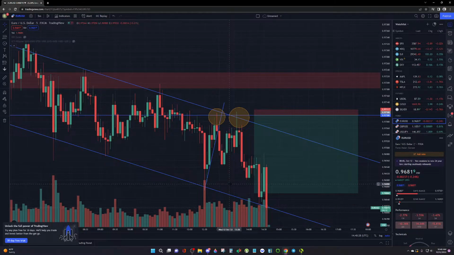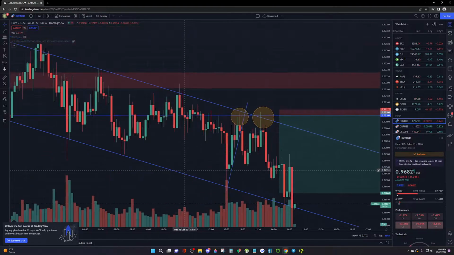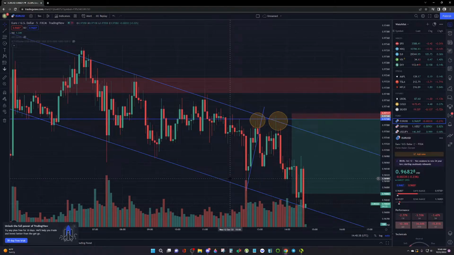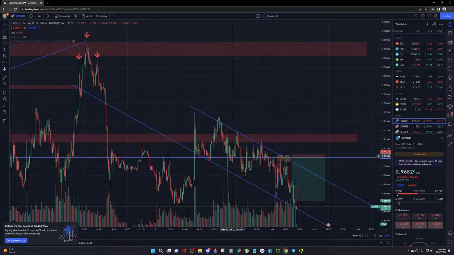So the basic thing I've learned so far in the past couple weeks in Forex is, first you've got to find the large trend. You've got to see where price is trending. Is it bearish? Is it just consolidating? Is it bullish? In this case, it was bearish, so that was the condition.